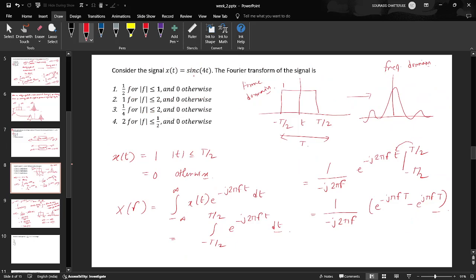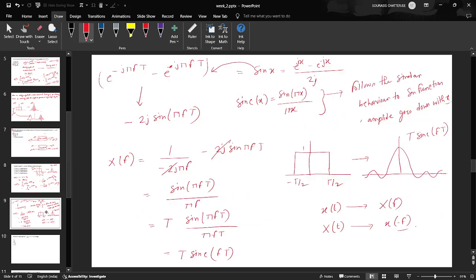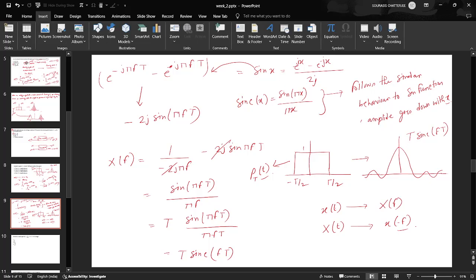So you see, now we have a signal sinc 4t. Let's denote the pulse signal of width T as p_T, right? So let me introduce a slide here.